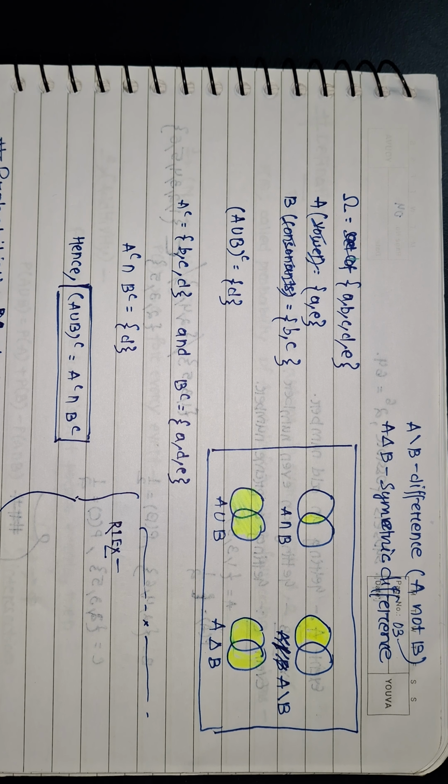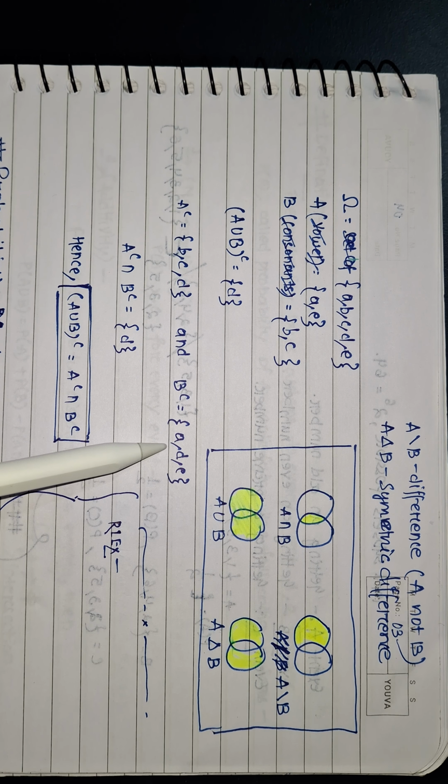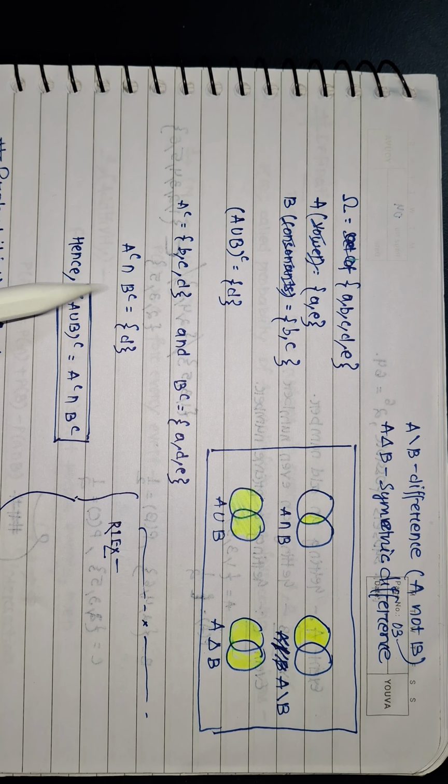So A complement intersection B complement will be the common elements between those two. Here D is common between the two, so A union B whole complement is also D, and individual A complement intersection B complement is also D. So hence proved one axiom of De Morgan's law.